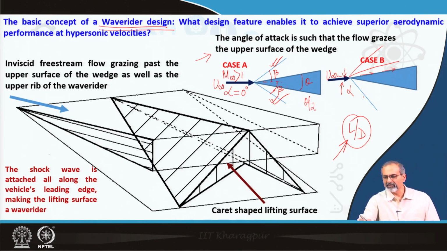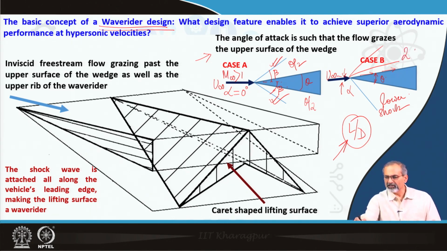And then what happens is that there is only one shock which is formed on the lower surface. So, this is the lower shock, and then the deflection also appears to be larger to the flow. It is the entire wedge angle which will be acting as a deflection angle instead of the theta by 2 deflection angle which the flow saw in the previous instance.